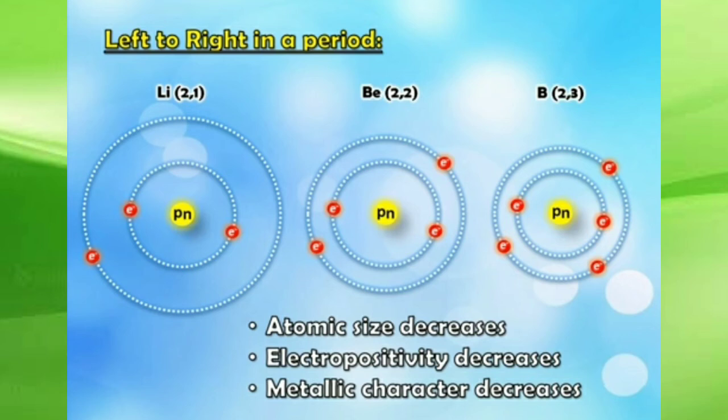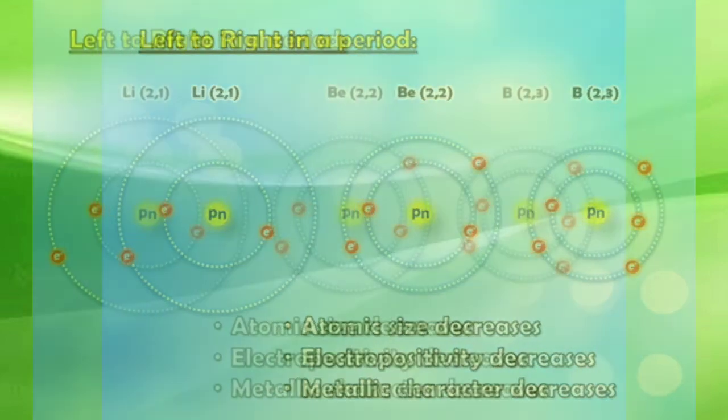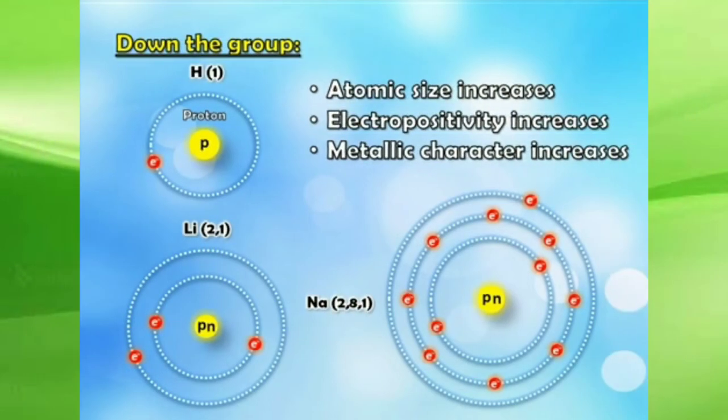And that tendency is electropositivity. Now if electropositivity is decreasing, metallic character will obviously decrease and non-metallic character will increase, and there is an increase in electronegativity. Understood?